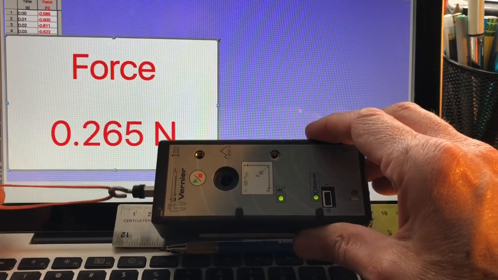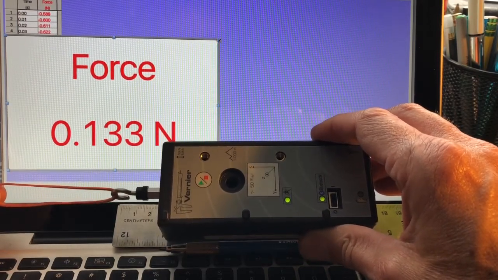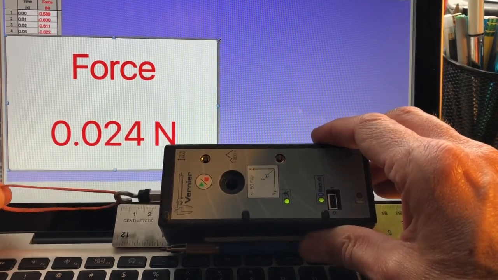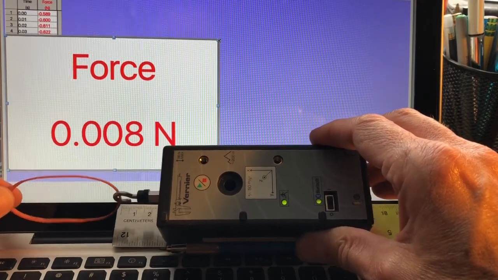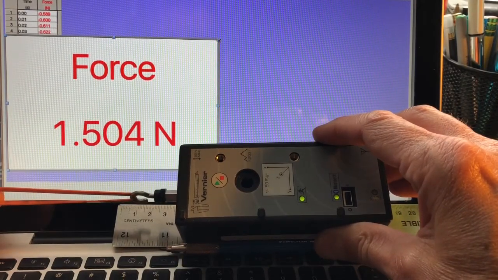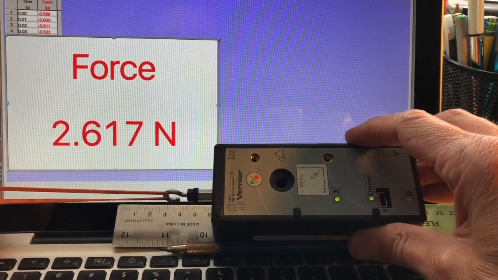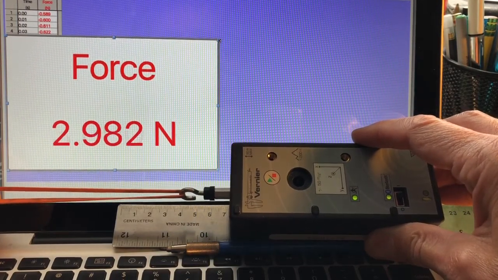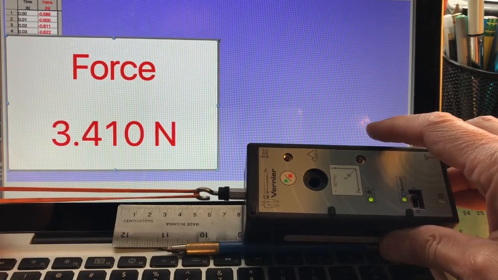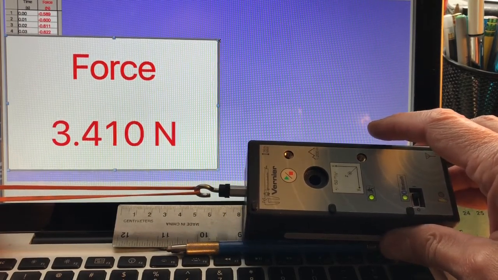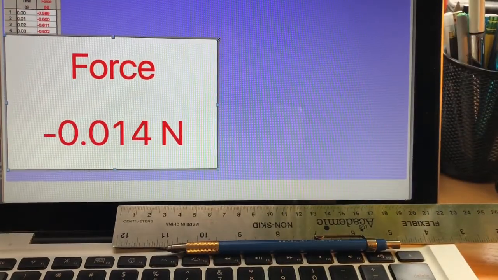Yeah, we'll do 1 centimeter increments here. I can call them out for you in case you can't see the ruler. Still around 0. 1, 2, 3, 4, 5. Just go back and pause the video if you didn't get those numbers.